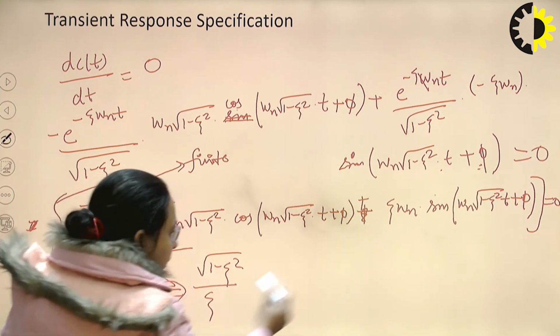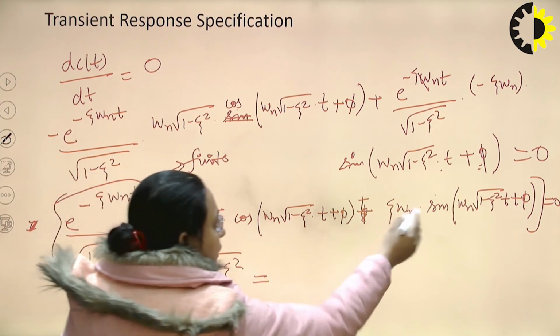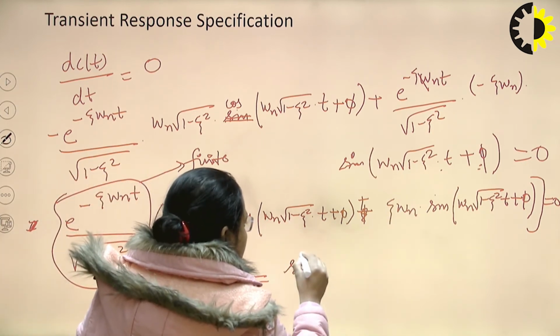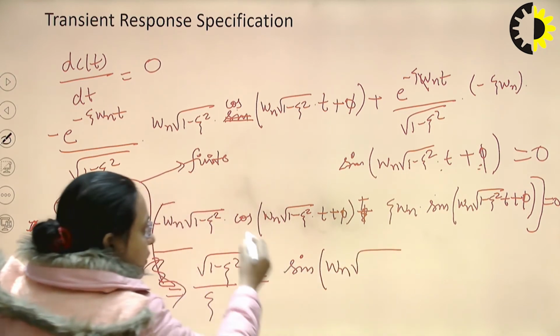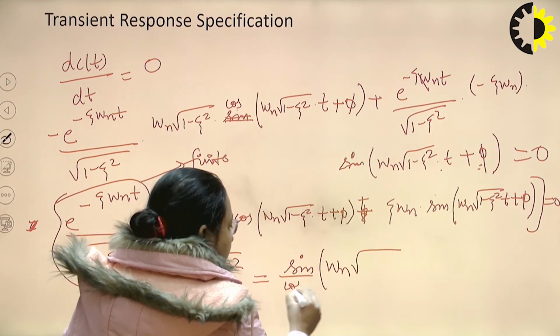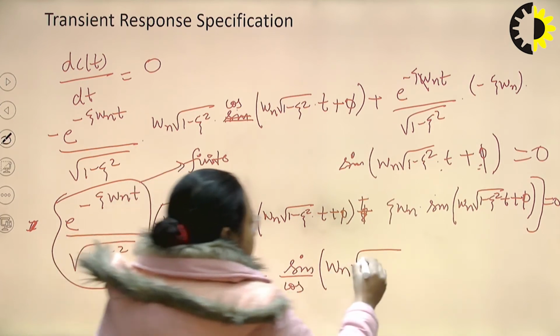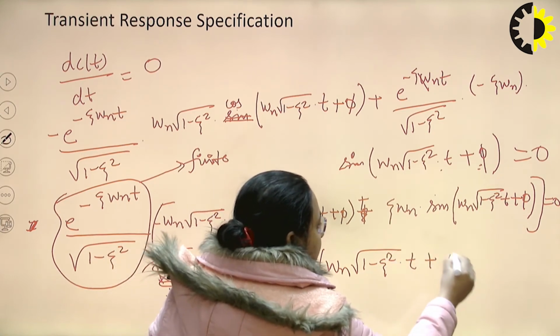This term will become sine upon cos, which becomes tan. Sine upon cos, I directly write here tan inverse, into t plus phi.